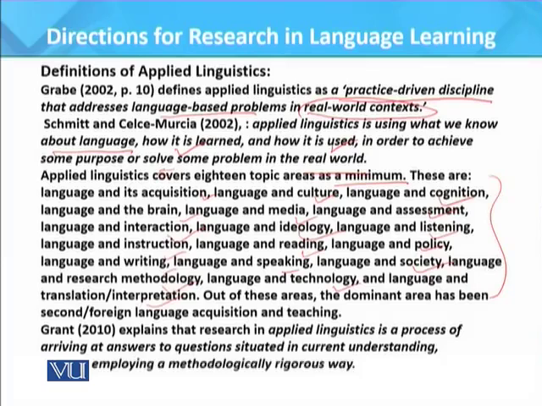Grant explains that research in applied linguistics is a process of arriving at answers to questions situated in current understanding, employed in a methodologically rigorous way.